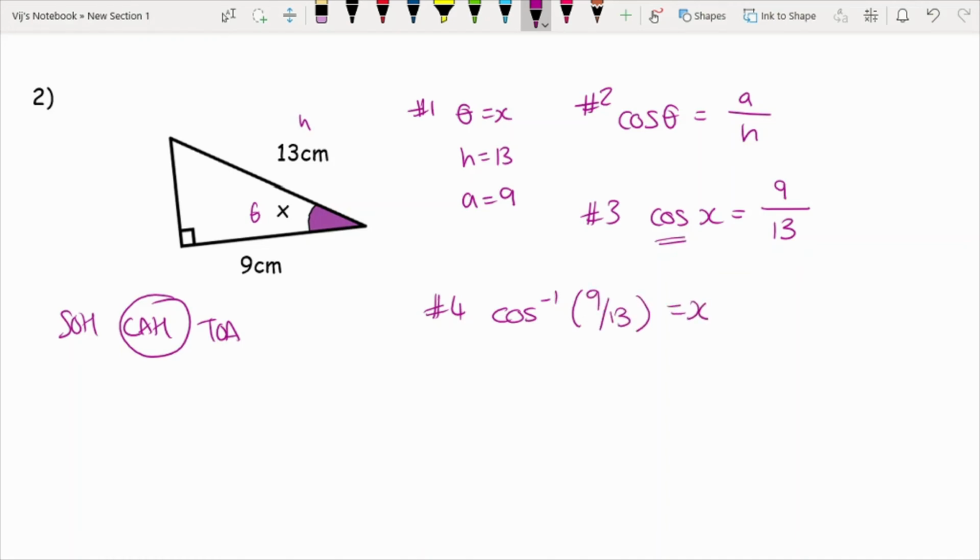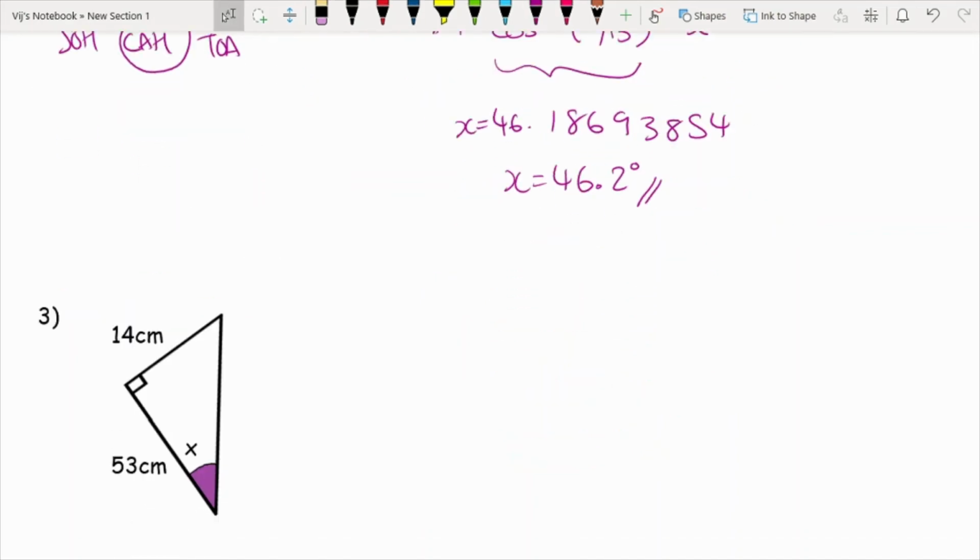Now I understand that I've written x on the right hand side, it doesn't really make a difference, but this is what I need to type into my calculator, and if I type that into my calculator correctly, I should end up with an answer of 46.18693854, and that to one decimal place is going to be 46.2 degrees.